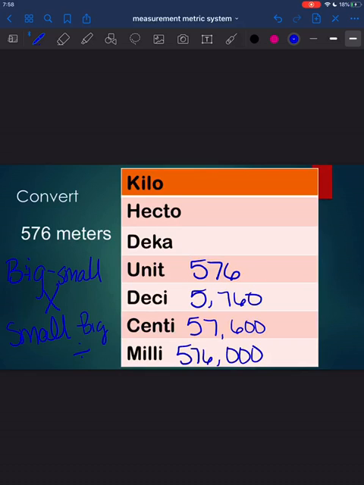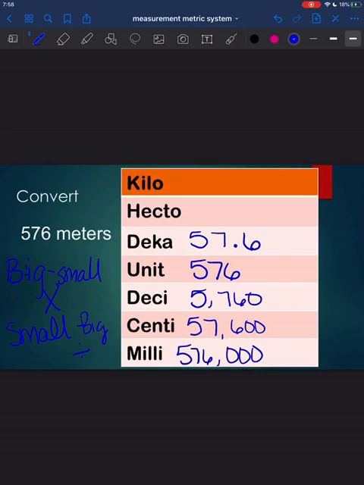Now going up, I'm going to make the number 10 times smaller. Once again, same size, just a smaller amount because our units are bigger. If I want to make a number 10 times smaller, I need to move my numbers down a place value, with the help of my decimal. So for decameters, it would be 57 and 6 tenths.